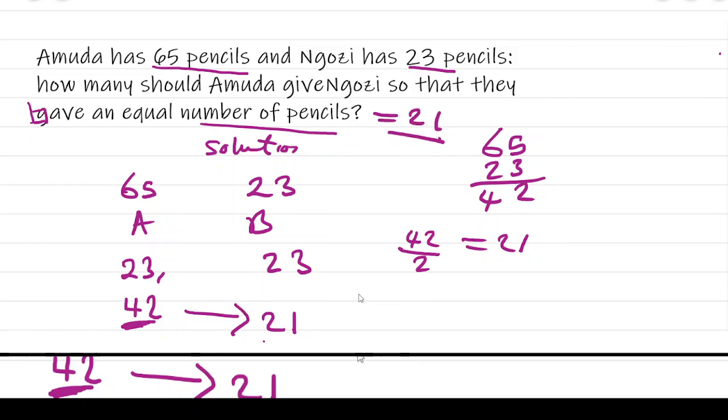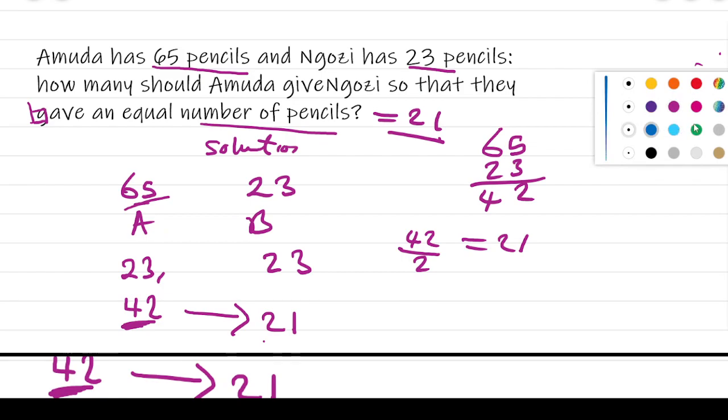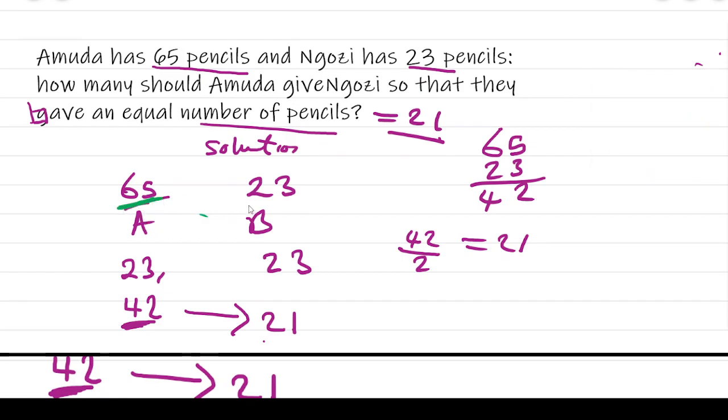I didn't really want to waste time because I know the problem is somehow simple. But if you don't find it simple, just look at it. Let's use green. You have 65 pencils, and this person here has 23.